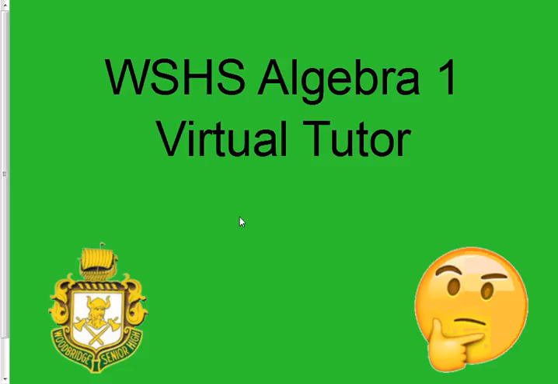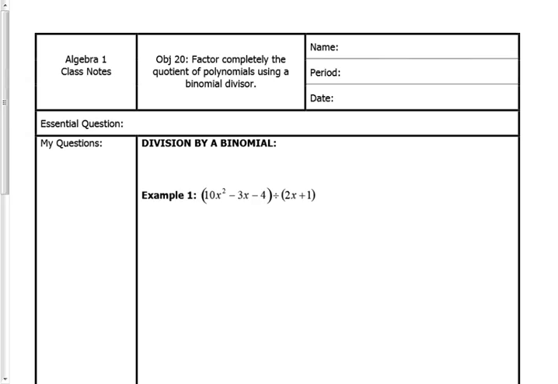What we're doing today is dividing polynomials by binomials. So when we're dividing polynomials by a binomial, the first thing we want to make sure is that we actually have a binomial that we're dividing by. This objective says factor completely the quotient, which means division, right, of polynomials using a binomial divisor.